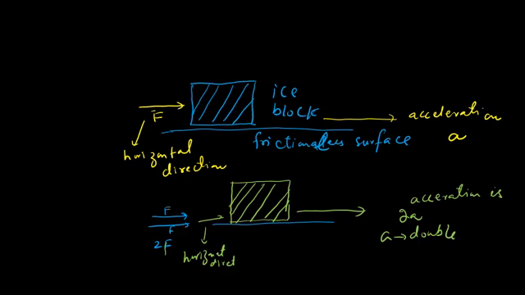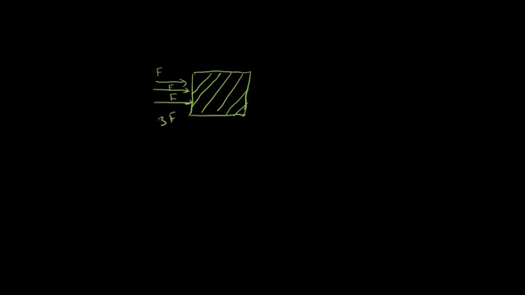Now let's repeat the experiment with the same block. We further increase the magnitude of the force. Now we apply a triple force compared to the first one, so the magnitude of the force is 3F. Again, the block is lying on the frictionless horizontal surface, and this force will accelerate the block.